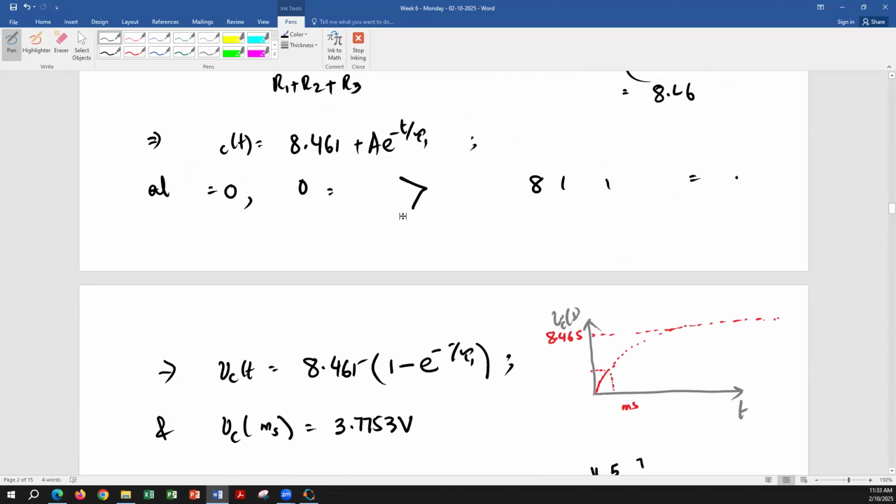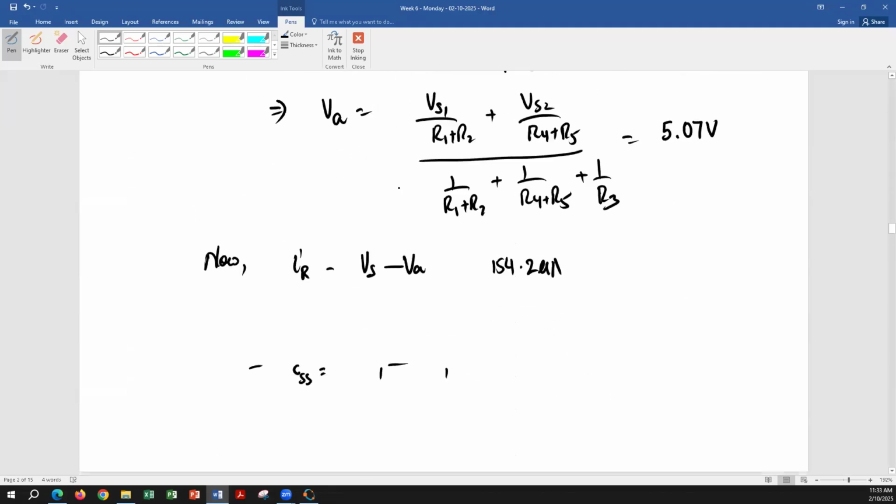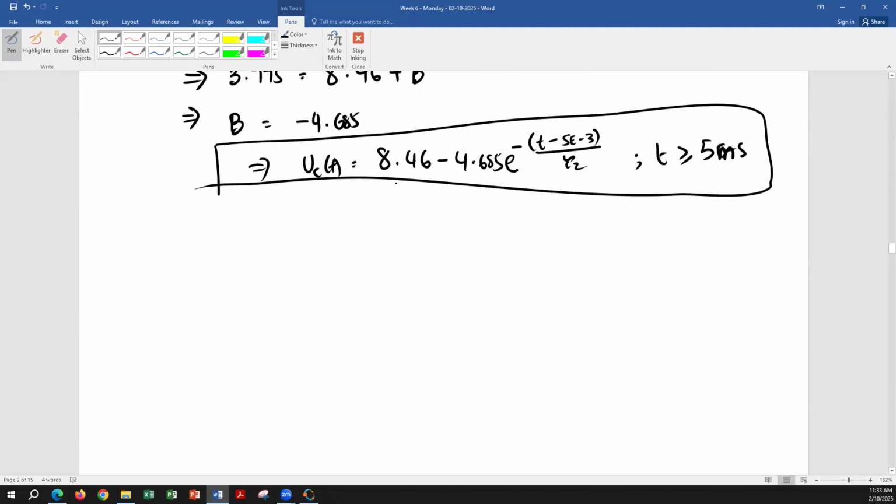How are we going to calculate the current expression if you have the voltage across the capacitor? IC is C dV over dt.